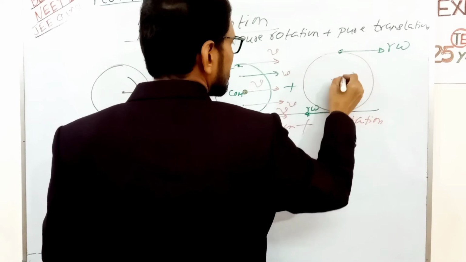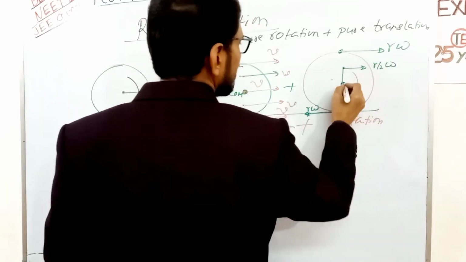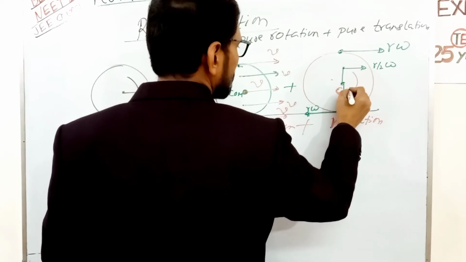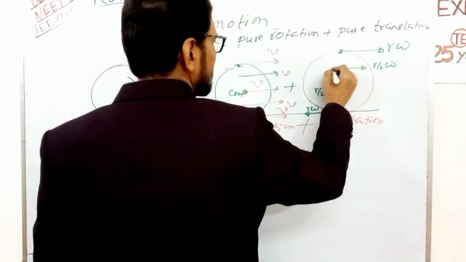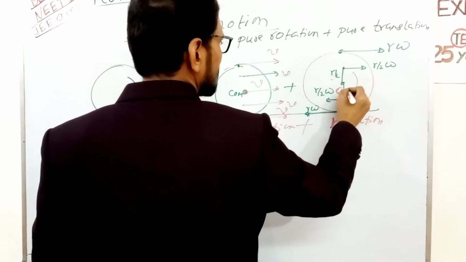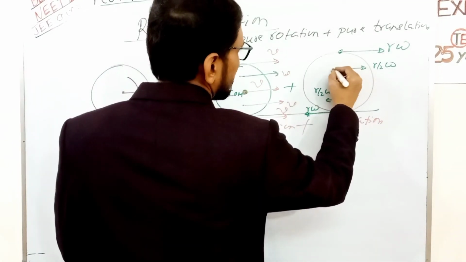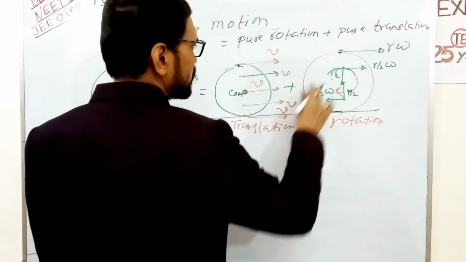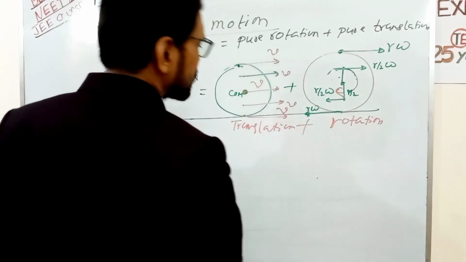At the point which is at distance r by 2, velocity is r by 2 omega, and at the other point at r by 2 the velocity is also r by 2 omega. These particles move with radius r by 2, so velocity is r by 2 omega, because omega is constant.